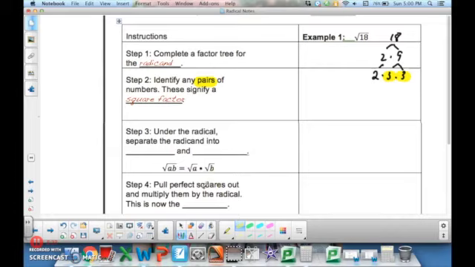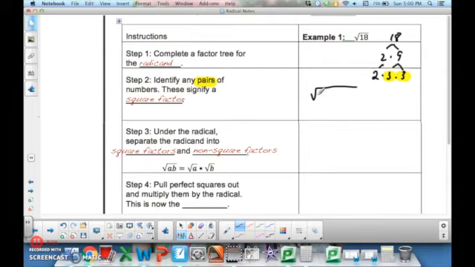Underneath that radical, for step 3, I am going to be separating all the numbers under the radical into square factors and non-square factors. So here's what I mean by that. Right now, I have taken this radical and I'm rewriting it like this.